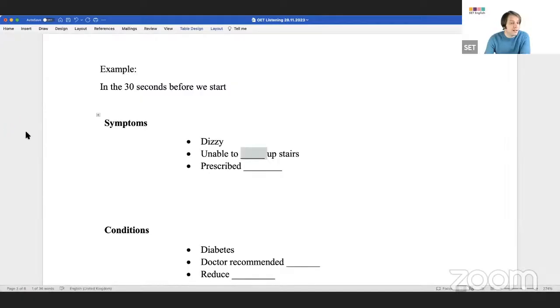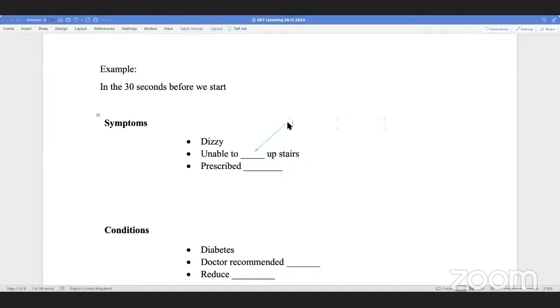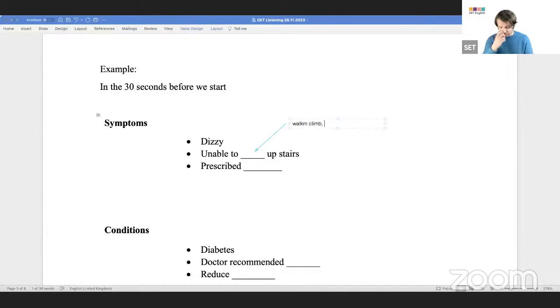We predict the category. Well, we can look at this first and say unable to blank upstairs. Climb up. Move up. It might be climb. It might be run. It might be move, step.